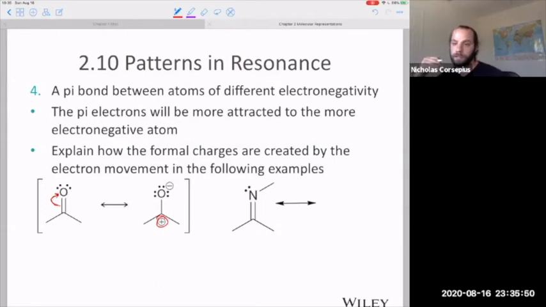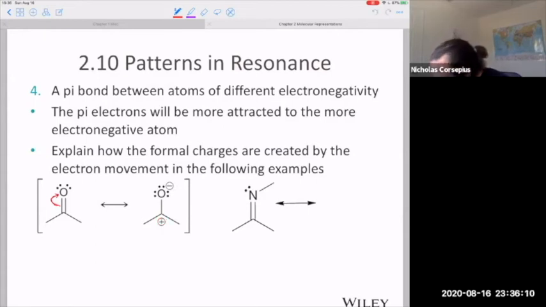It can't be nitrogen or oxygen. This is a resonance structure you commonly see associated with carbonyl bonds. Carbonyl bonds have resonance that will leave a positive charge on the carbonyl carbon.